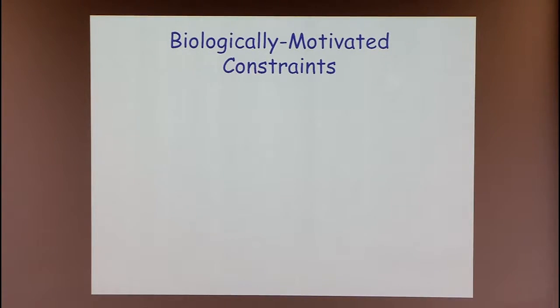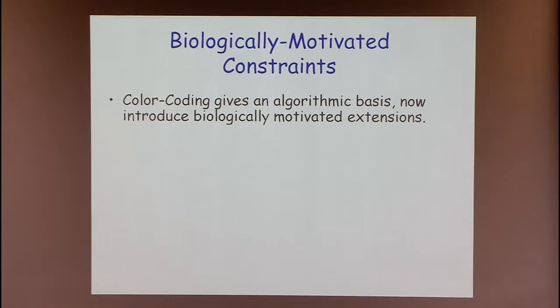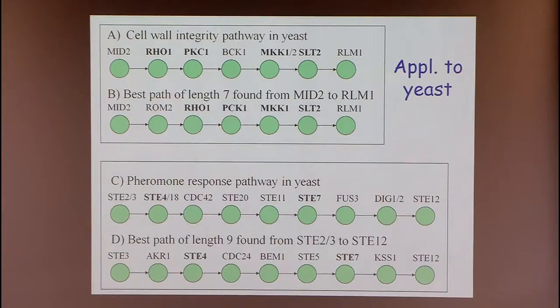What does it give on, let's see, so I'm going to skip that. What does it give on real biological data? So again, a few anecdotal examples. Here is a well-known signaling pathway in yeast, a MAPK pathway. And if you just apply color coding, or this approach of finding the heaviest path as is, you start from the same membrane protein, you go to the same transcription factor.